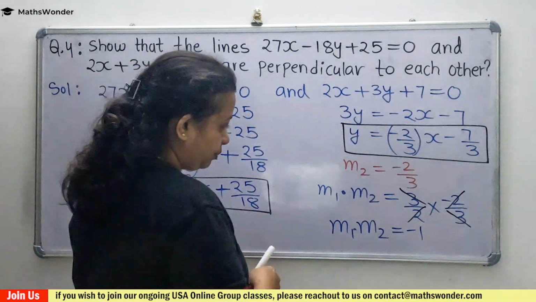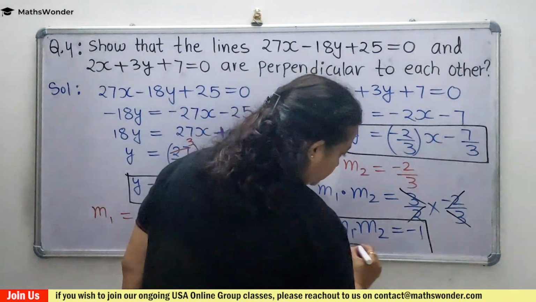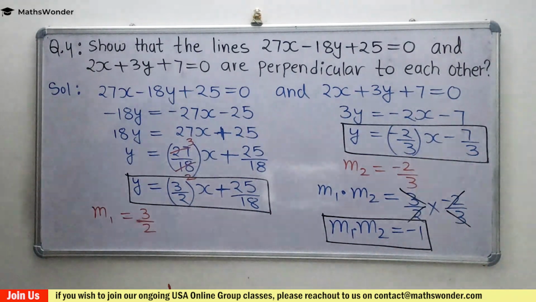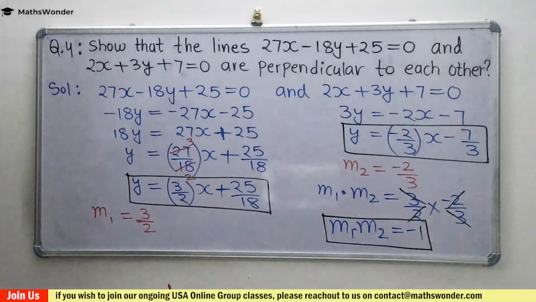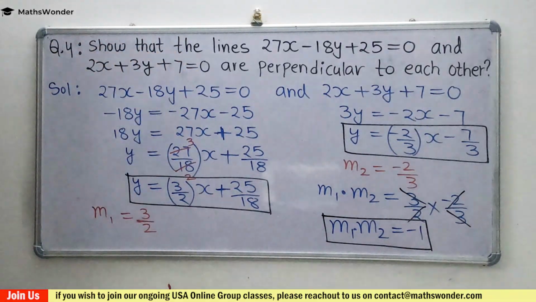This proves that the slopes are perpendicular to each other. So this shows that the given lines are perpendicular to each other because the product of their slopes is negative 1. That means your lines are perpendicular to each other. Okay.